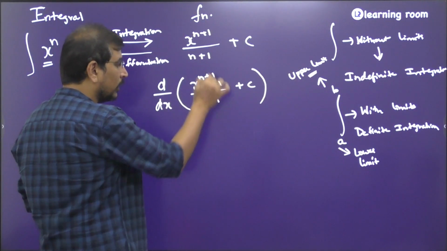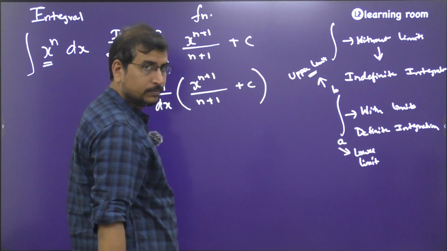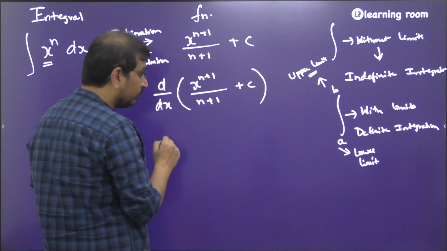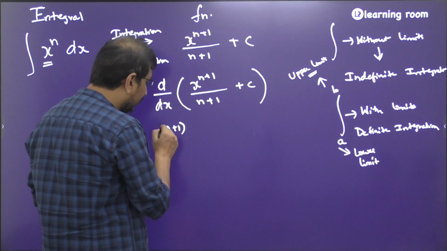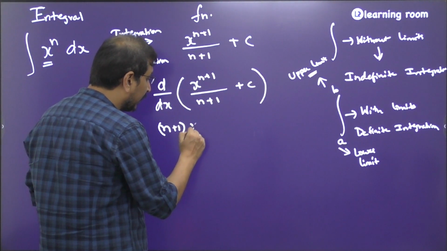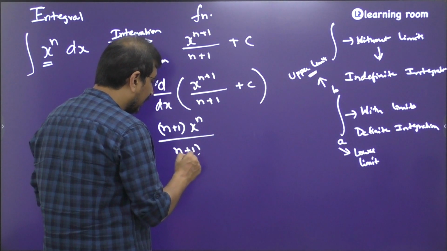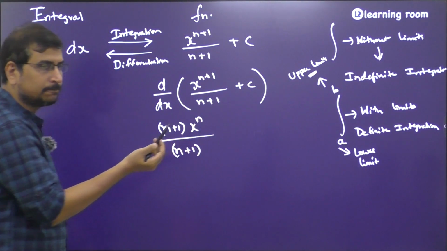This is one function, this is another function. So what will I get? The derivative of x power n plus 1 by n plus 1 is going to be n plus 1 into x power n, the whole divided by n plus 1, because n plus 1 is a constant.